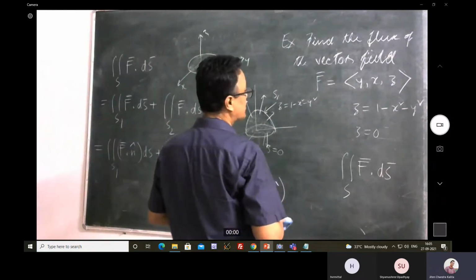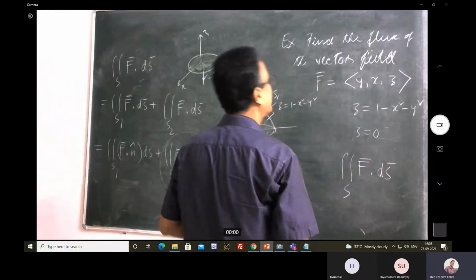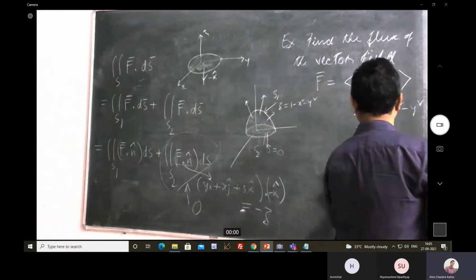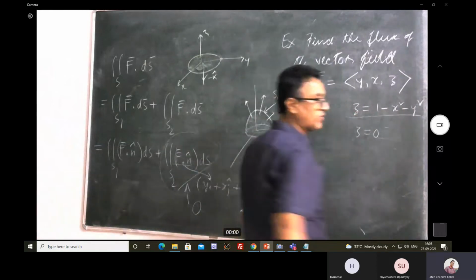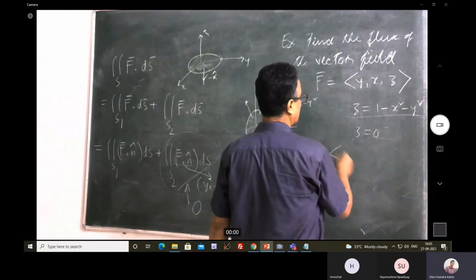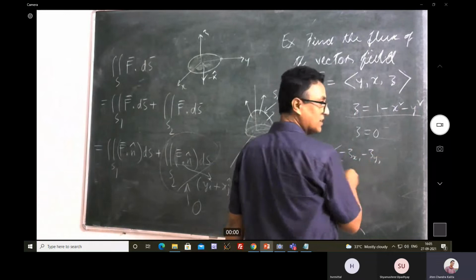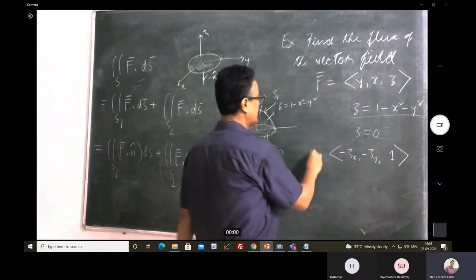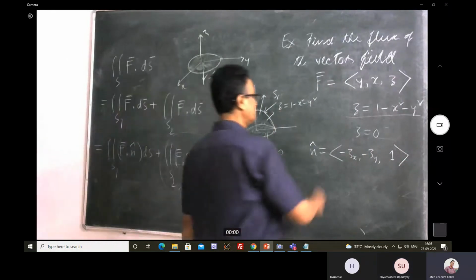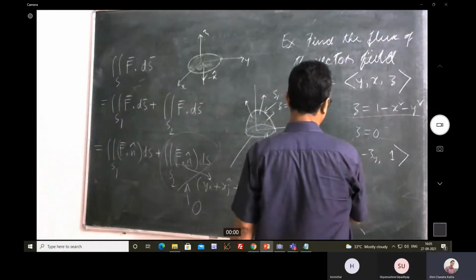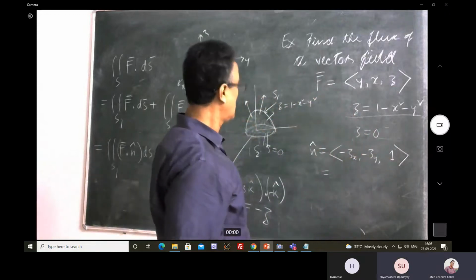For the first component, n cap we can easily find out if the surface is given by the graph of a function. n cap is simply minus j y 1, divided by the square root, a unit vector.